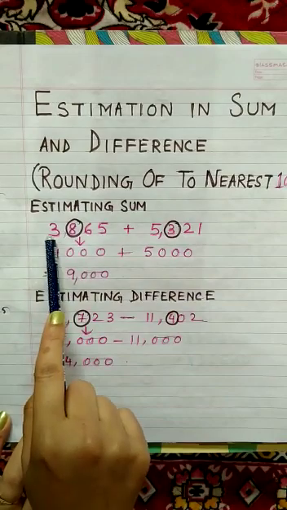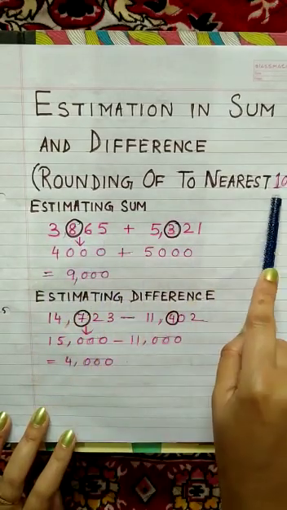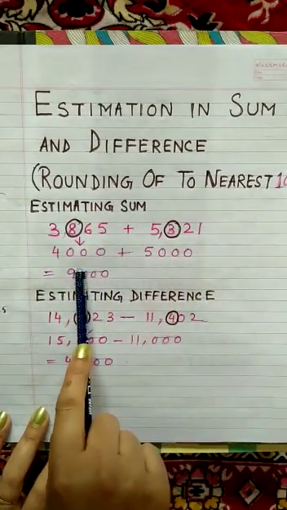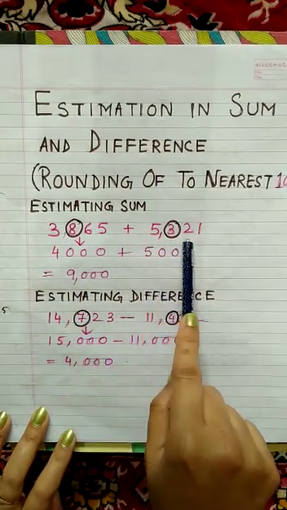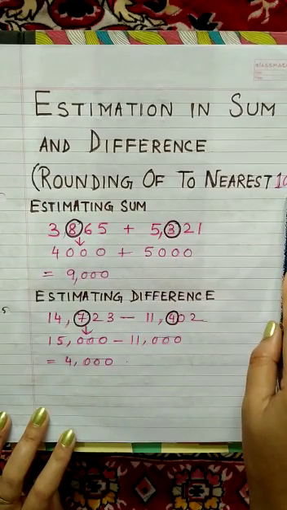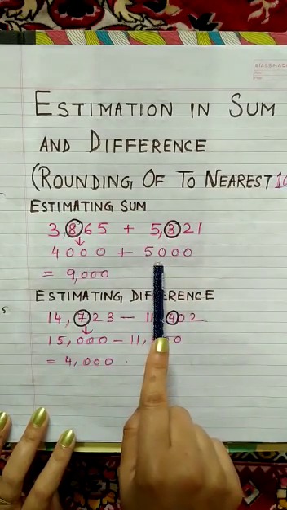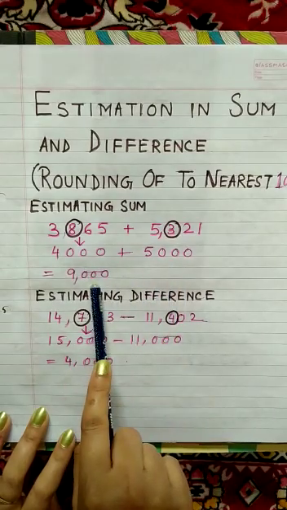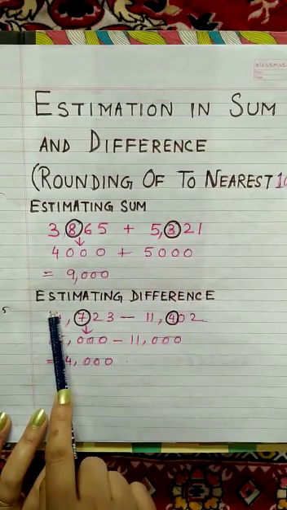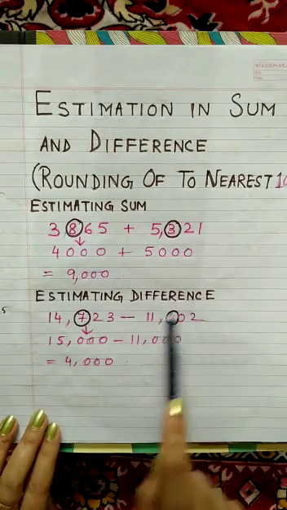When we round off 3865 to the nearest 1000, we get 4000. When we round off 5321 to the nearest 1000, we get 5000. 4000 plus 5000 is 9000.